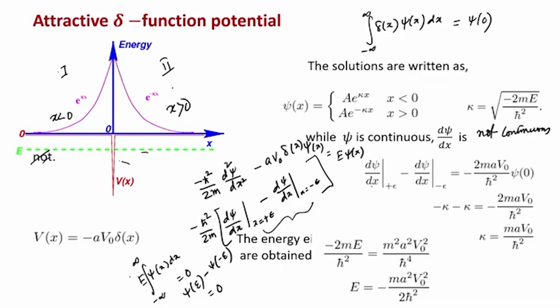And when you calculate this d psi dx from the solutions of psi of x, you get kappa and minus kappa. So, minus 2 kappa is equal to minus 2 m a V naught by h cross square. So, kappa becomes equal to m a V naught by h cross square. That gives the bound state energy to be minus m a square V naught square by 2 h cross square.